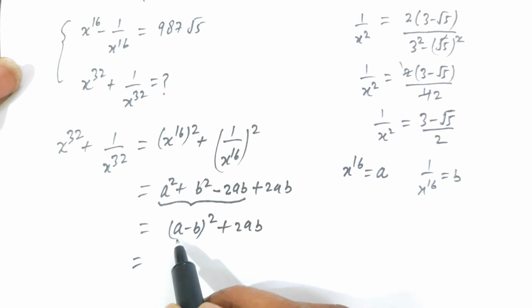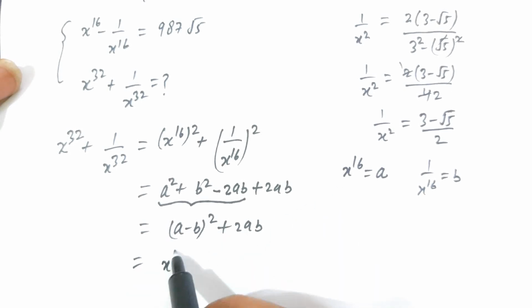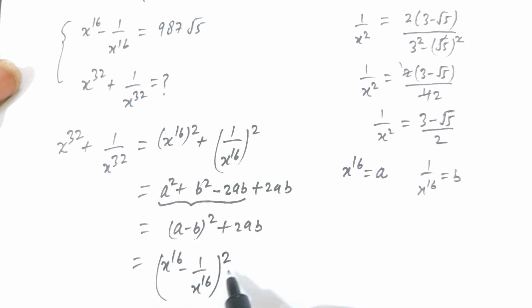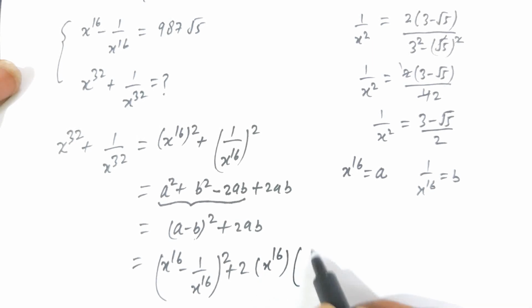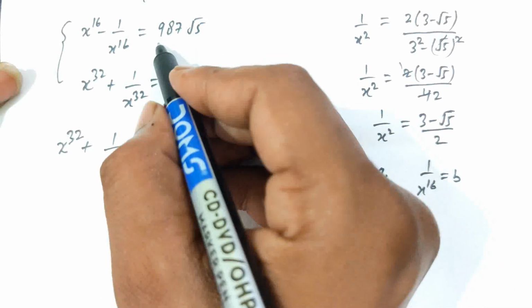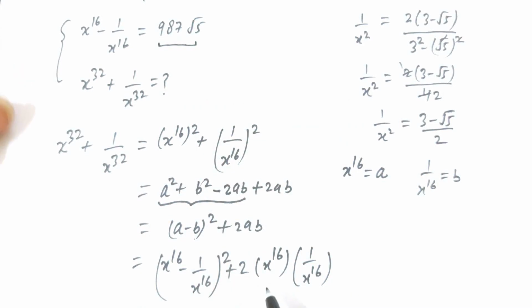Here a is x power 16 and b is 1 by x power 16, so (x power 16 minus 1 by x power 16) whole square plus 2 times a times b. We know the value of x power 16 minus 1 by x power 16 is 987 times square root of 5.